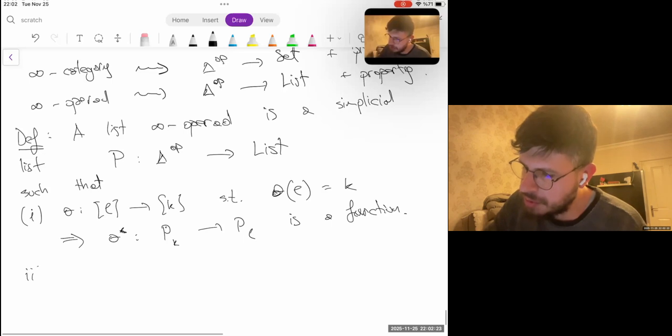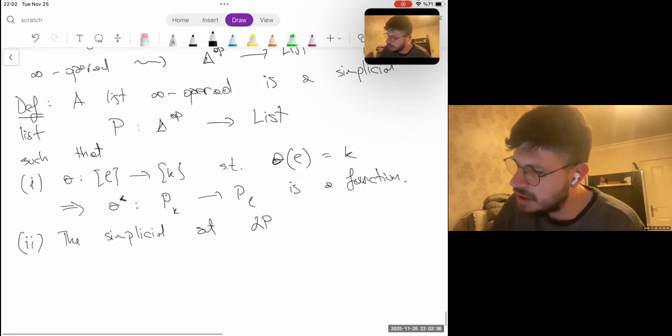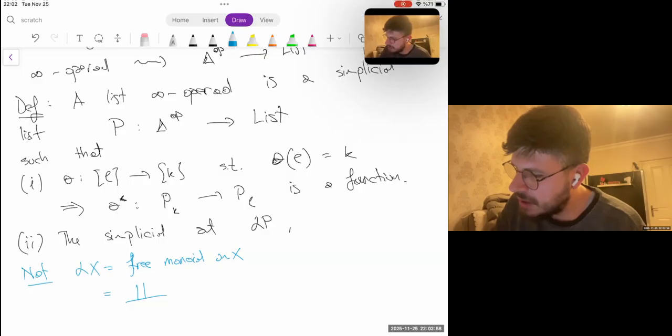And number two, the simplicial set LP, I will say what this is in a second. Let me make a little notation here. For a set X, LX is the free monoid on X, meaning that this is just the set of finite sequences.